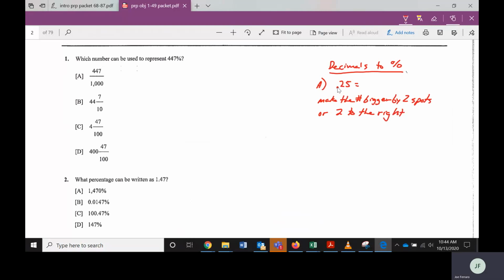So you start here, you go 1, 2, decimal ends up there, it's 25%.